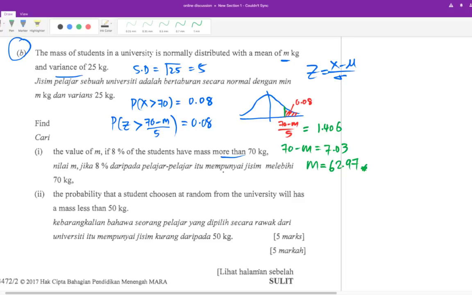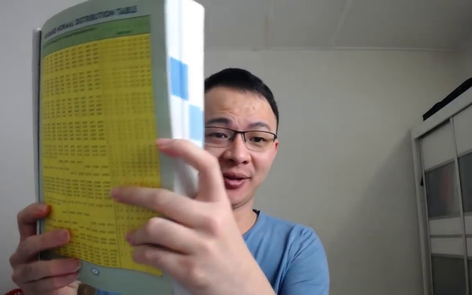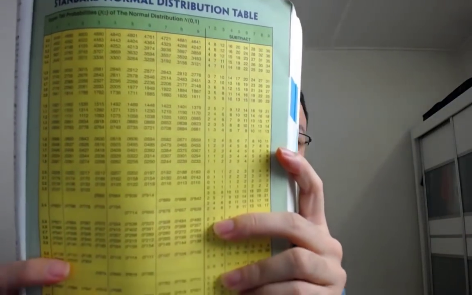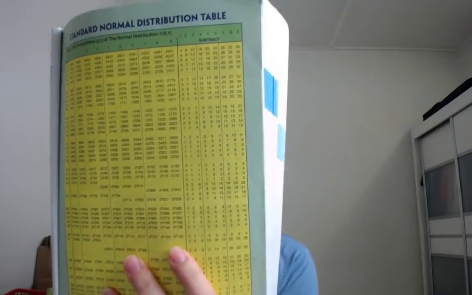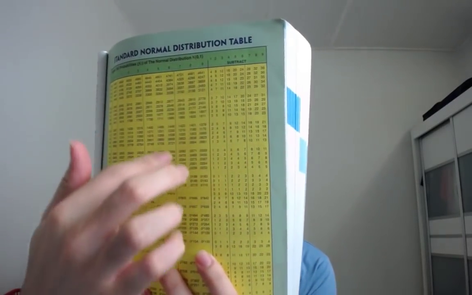Okay, it's fine. I will just use the camera to show you how to find it, because I should have the soft copy, but I'm not sure where I put it. So let's say you have this table. I hope you can see this table, and for the value like 0.08, you have to find inside here.